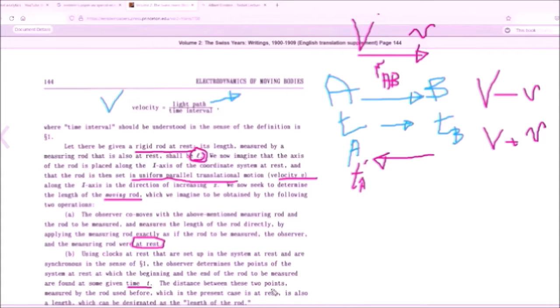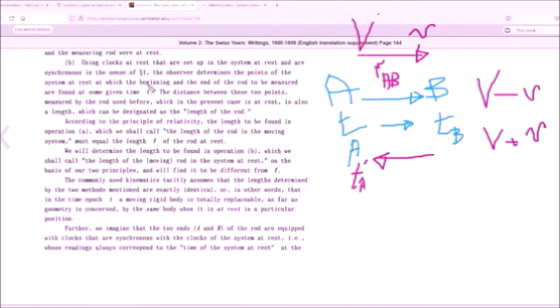The distance between these two points, measured by the rod used before, which in the present case is at rest, is also a length which can be designated as the length of the rod. That is number B. So you have one observer sitting on the rod, measuring it while it goes.